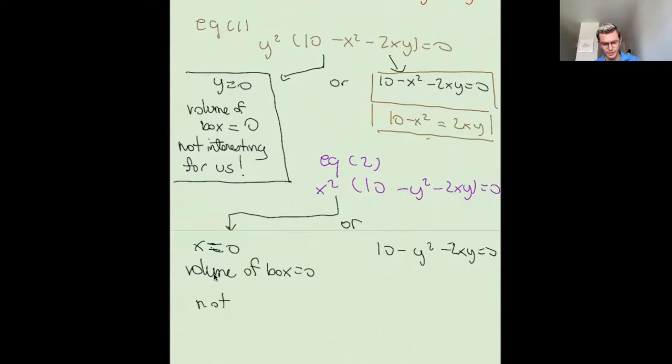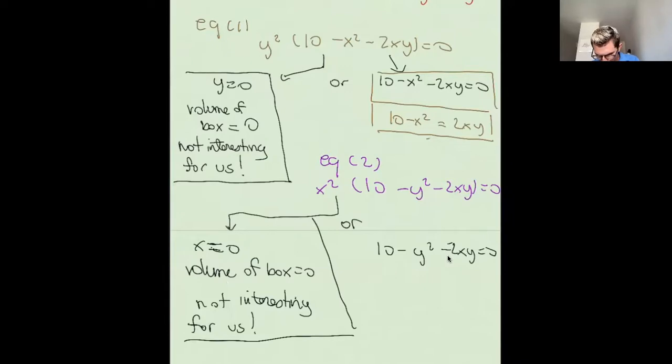And so this is not interesting. And so the only possibility is 10 minus y squared minus 2xy equals 0, which is the same as saying that 10 minus y squared equals 2xy. Is that okay? So far, so good.